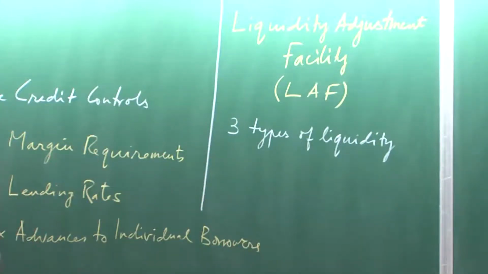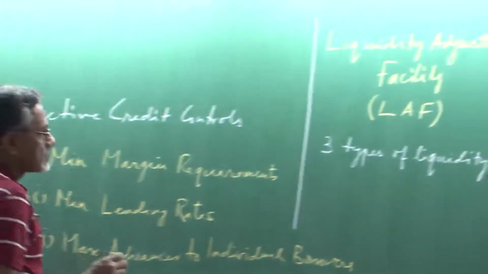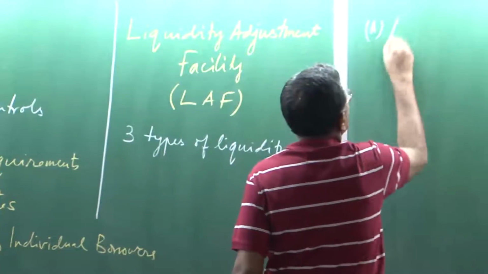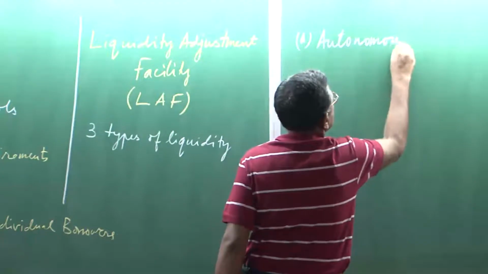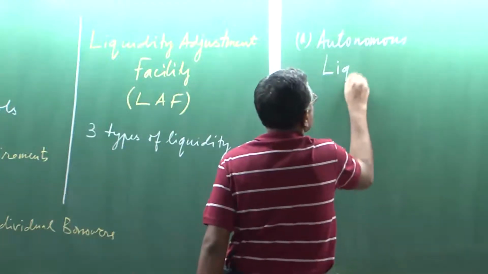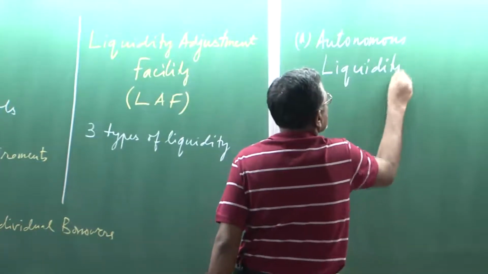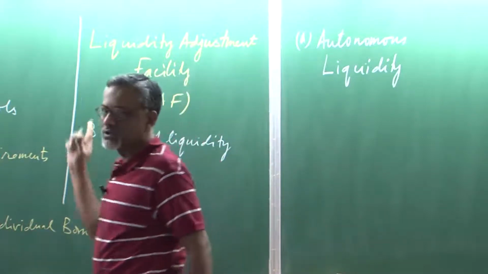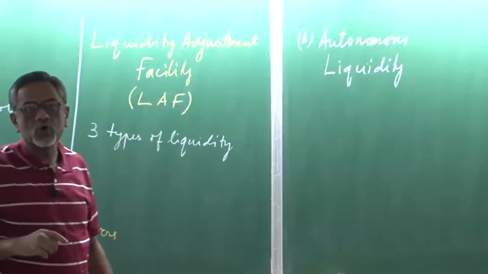The first one is known as autonomous liquidity. What is autonomous liquidity?